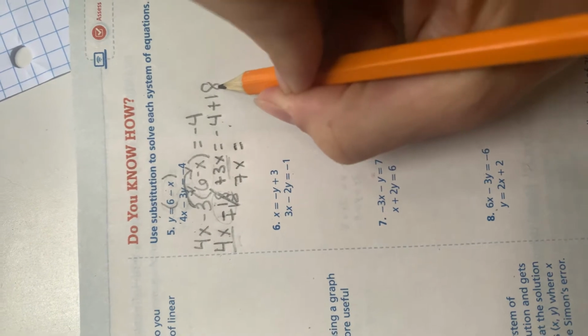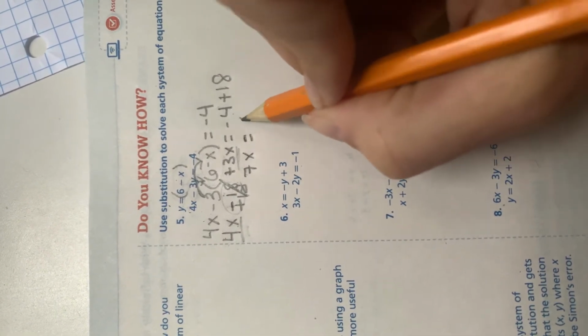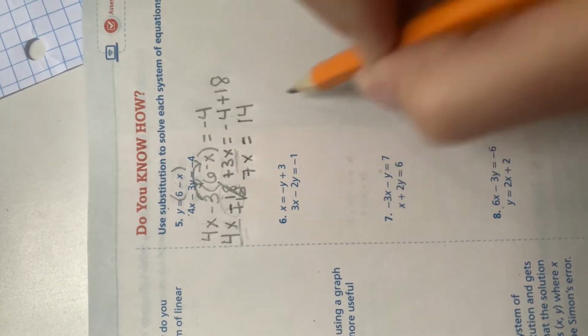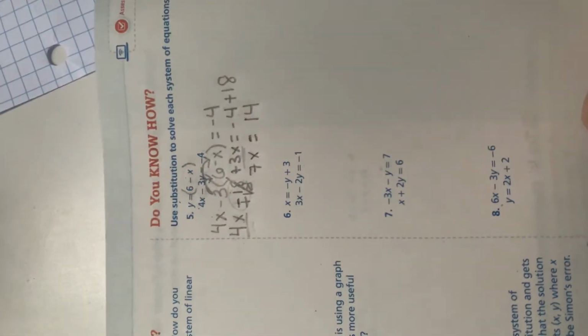Negative 4 and a positive 18 is the same thing as saying 18 minus 4. So this is 14. And then we have 7x equals 14.